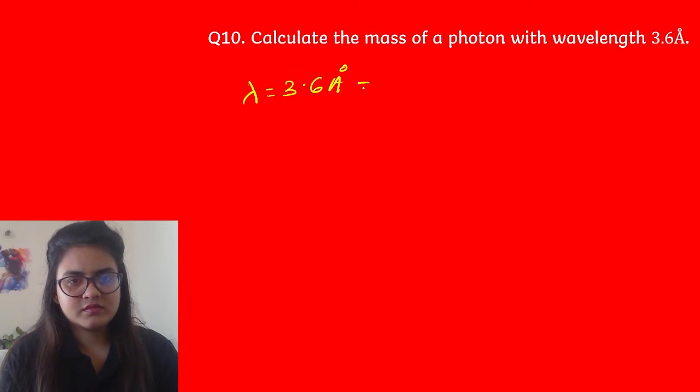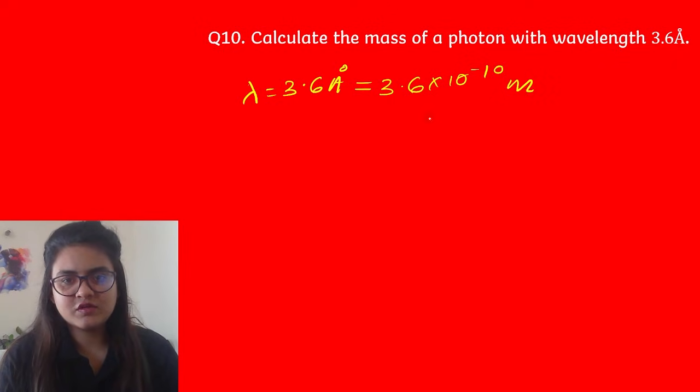From Armstrong to meter conversion, we get 3.6 into 10 power minus 10 meter. Now, if you put it in the equation, that is lambda equals h by mv.